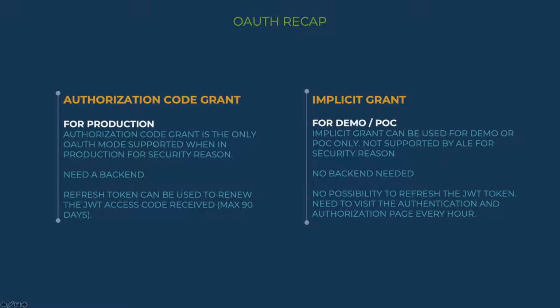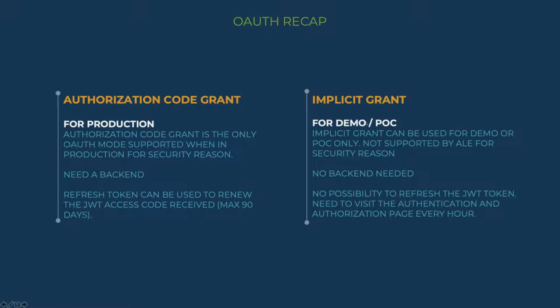It is for production applications, and this is a more secure way to do the OAuth protocol. For that, you need a backend, and you will have a refresh token that you can use to renew the authorization and the access code for a maximum time of 90 days. After that, your user will have to sign in again to your application.